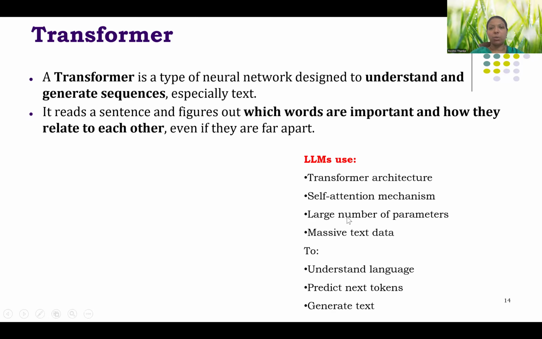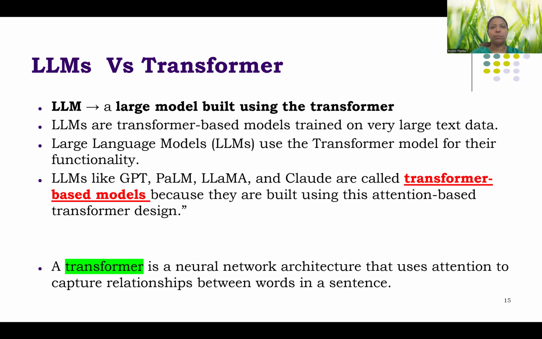This LLM, as we discussed, has a large number of parameters. It has massive text data by which it is able to understand our language. Then it is able to predict the next token. Finally, we get the generated text, which is novel content that may not already be available.